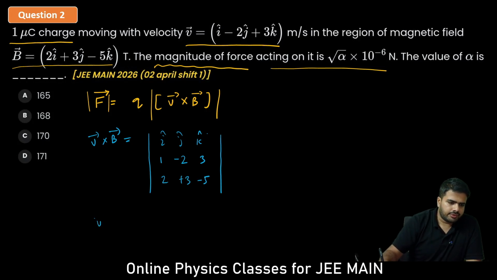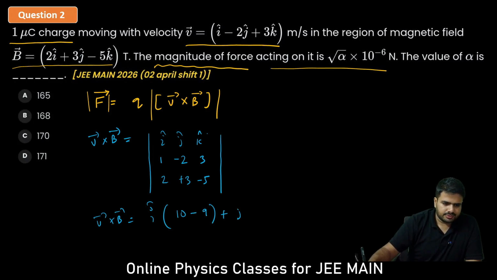So V cross B, if you calculate: i cap (10 minus 9), minus j cap (minus 5 minus 6), and plus k cap.